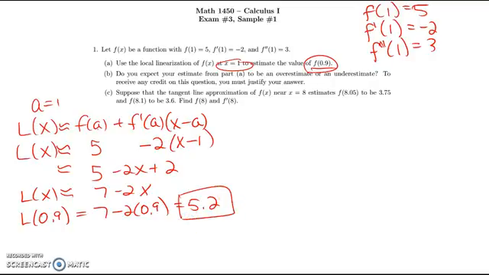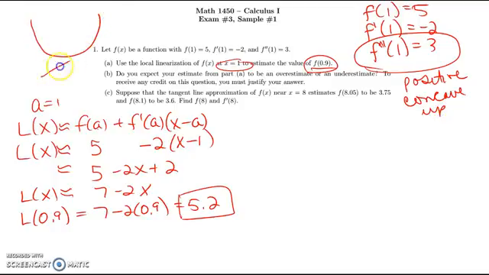Now it says, do you expect your estimate from A to be an overestimate or underestimate? Justify your answer. So what you do at that point is you look at the second derivative. The second derivative is positive, which means concave up. And when it's concave up, the tangent lines sit below the curve.